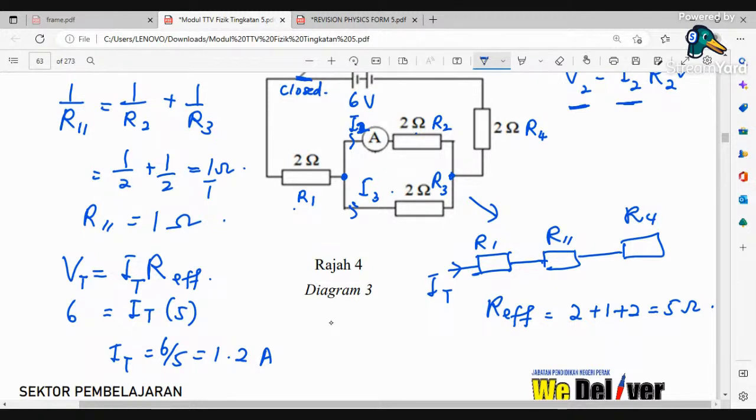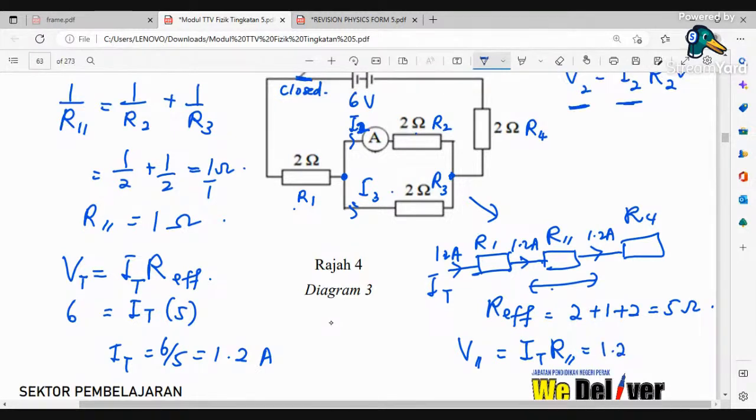So for the parallel pipe, if this one is 1.2 ampere, here also 1.2 ampere, here also 1.2 ampere. So I want to find the voltage across the parallel pipe. Voltage across the parallel pipe is I total multiplied by the effective resistance for the parallel part.